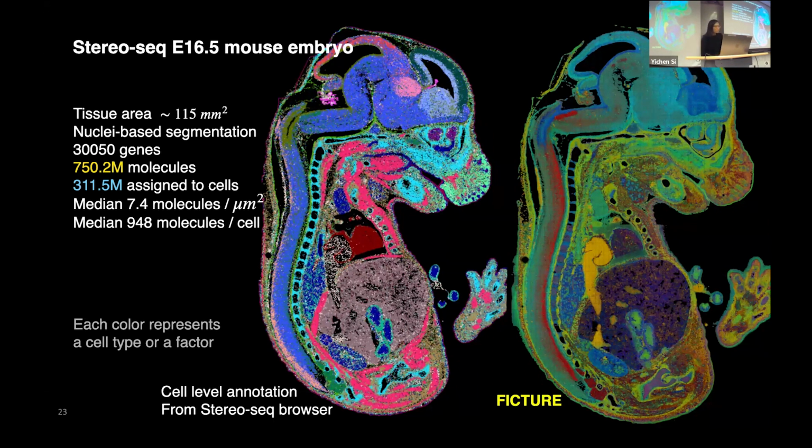So on the left is the published cell level annotation, and on the right is FICTURE result. So each color here shows either the annotated tissue type or our inferred factors. So one interesting difference is in the muscle tissue that we will zoom in next.